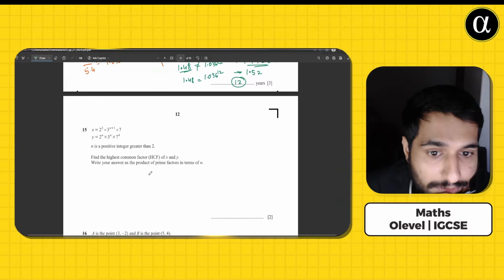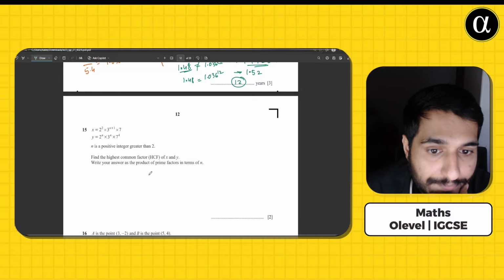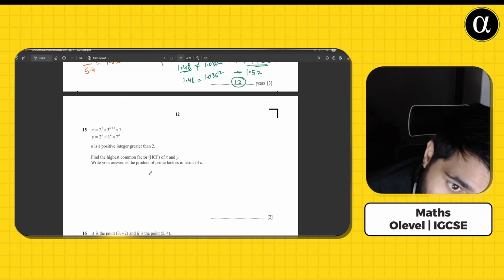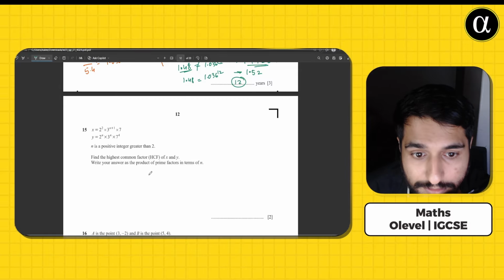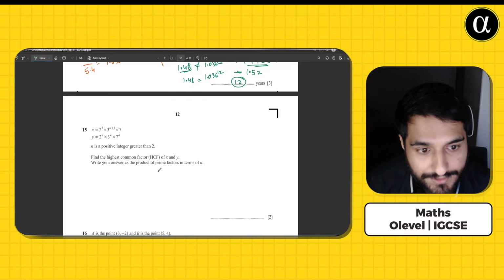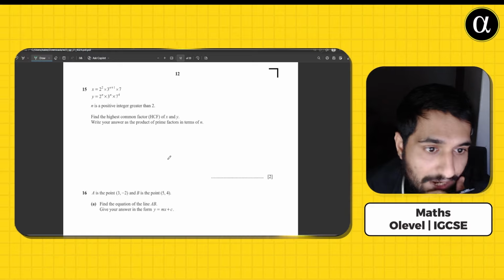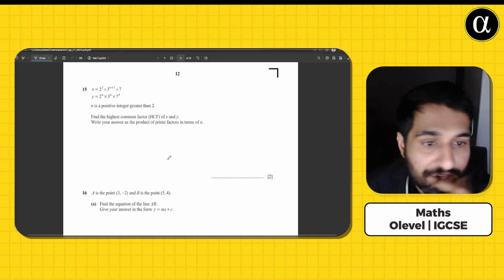Question 15 states that x is equal to 2 square into 3 power n plus 1 into 7, and y is equal to 2 power n into 3 power n into 7 power 4, where n is a positive integer greater than 2. Find the highest common factor, HCF, in terms of x and y.